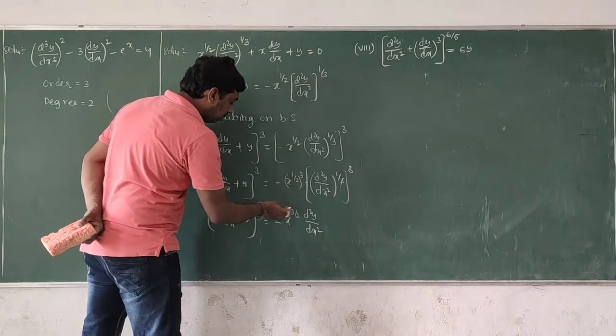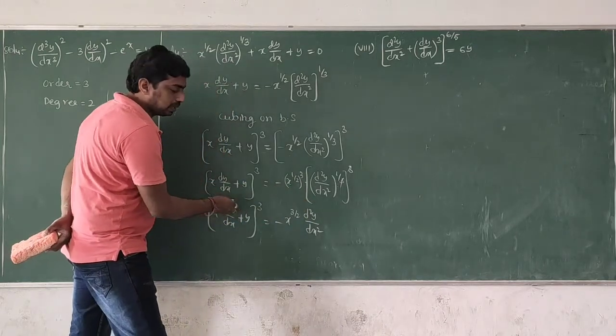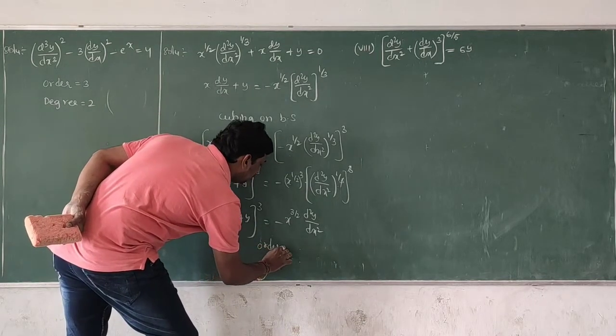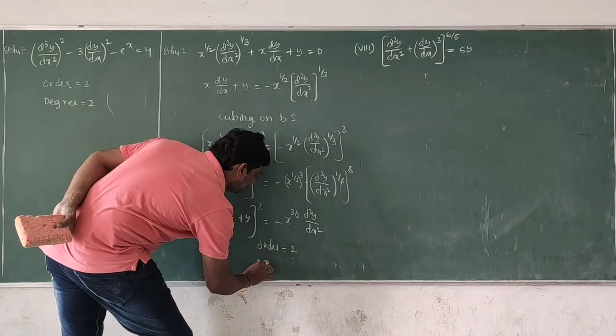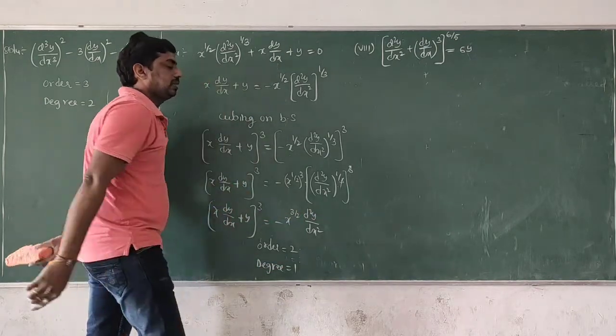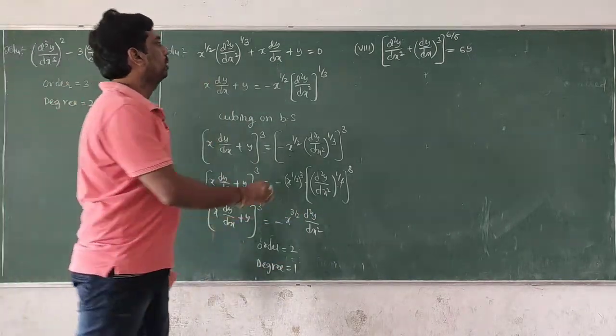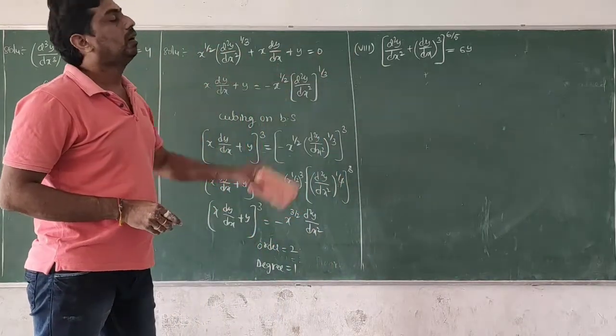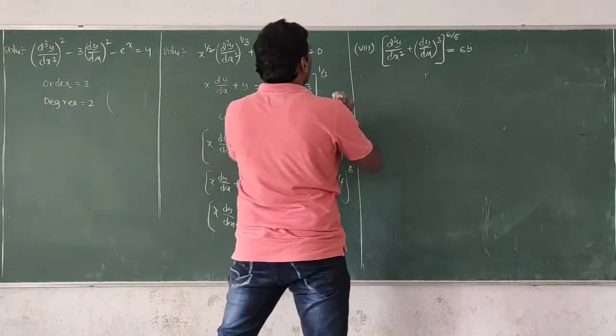The degree is not affected by the expansion of this one. That's why directly write order 2, degree 1. That is clear.